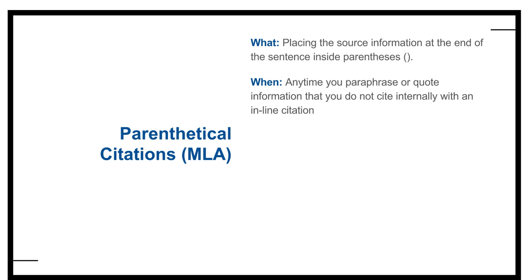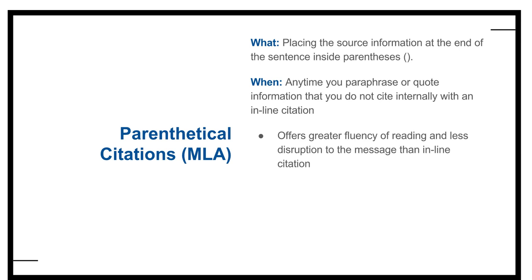You could choose to never cite inline and only cite parenthetically. That's just fine. But anytime you do not have an inline citation, you need to cite parenthetically. This offers some increased fluency and less disruption of the message than an inline citation does. So it is, in a sense, the preferred method of citation.